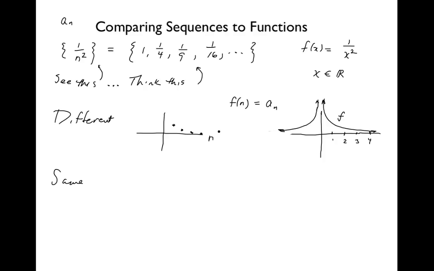So what's the same is the limit as n goes to infinity of a n is equal to the limit as x approaches infinity of the function. So their convergence for large values is going to be the same.